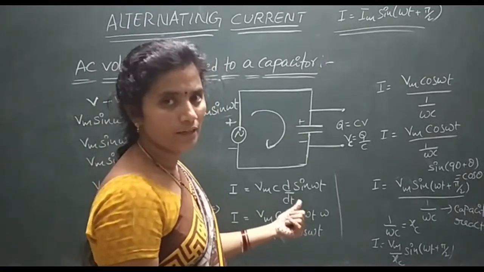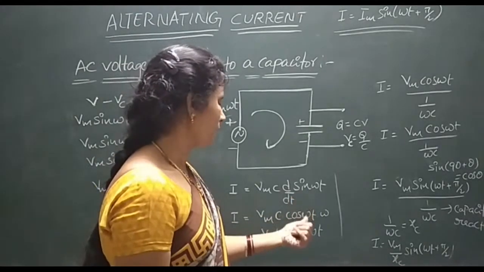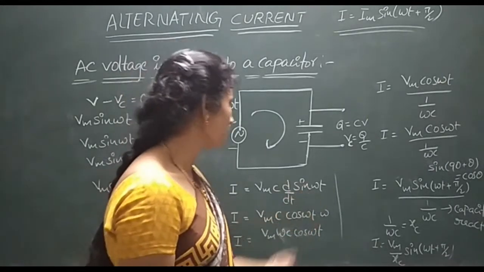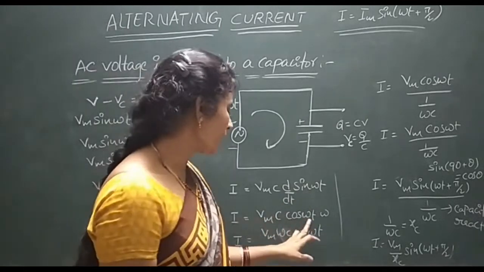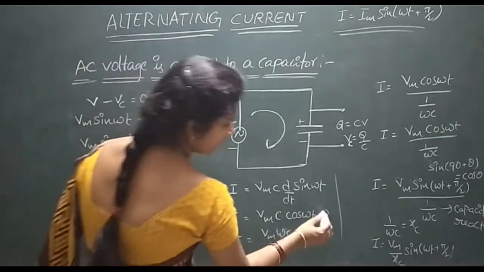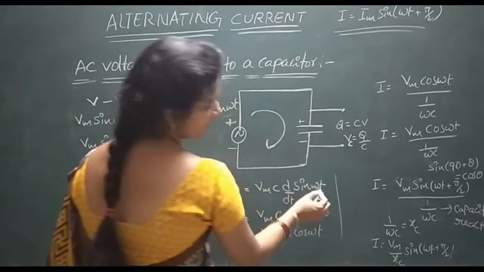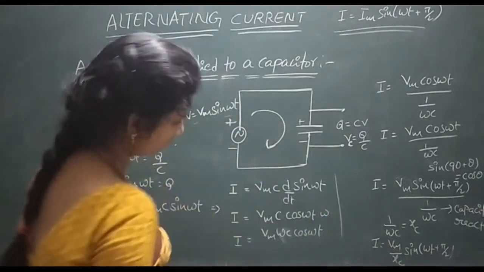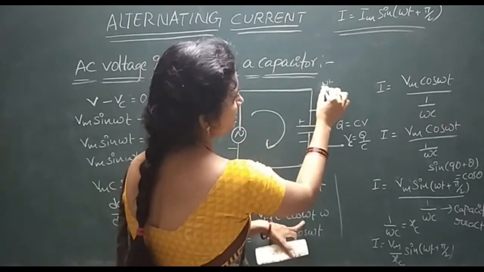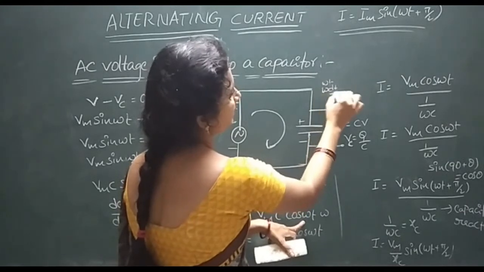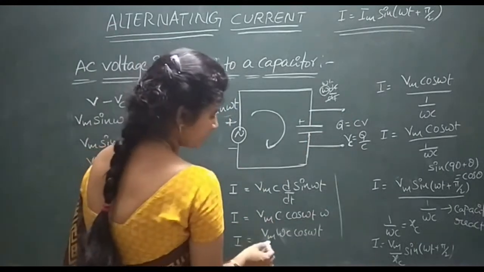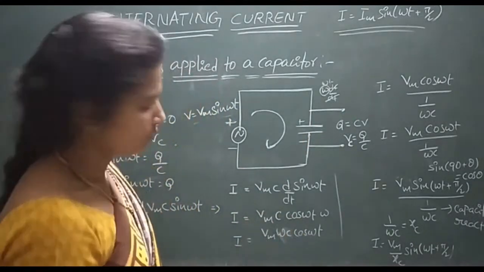Here it is differentiation, so d by dt of sin omega t can be written as cos omega t, multiplied by omega. The derivative of omega t is omega, since dt by dt gets cancelled. So it is multiplied by omega: Vm omega C cos omega t.